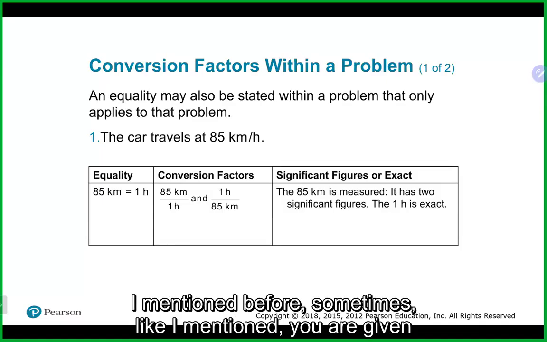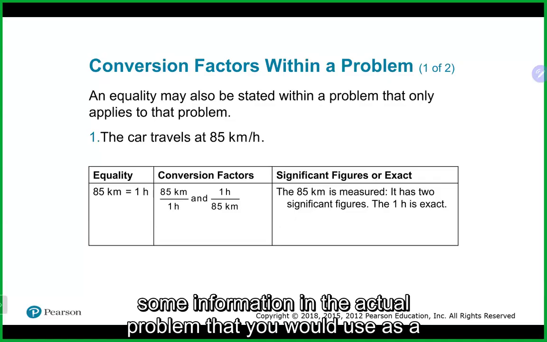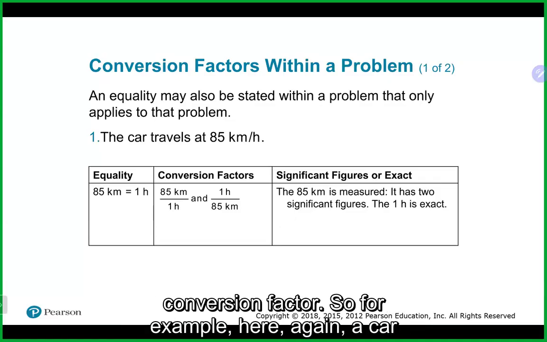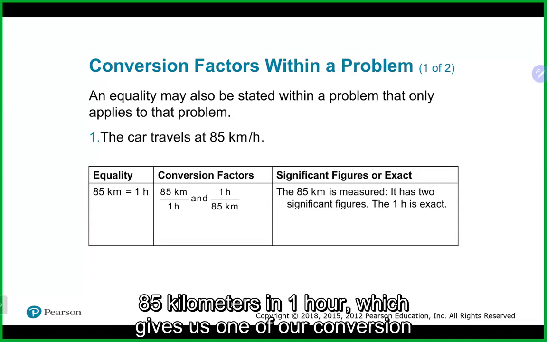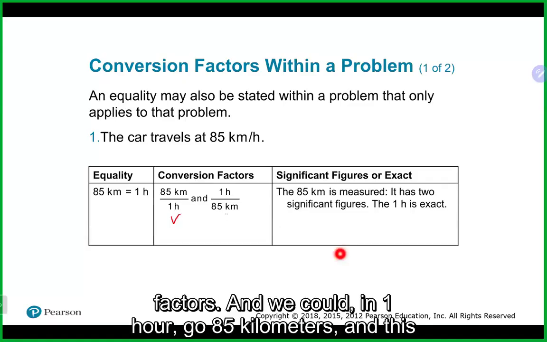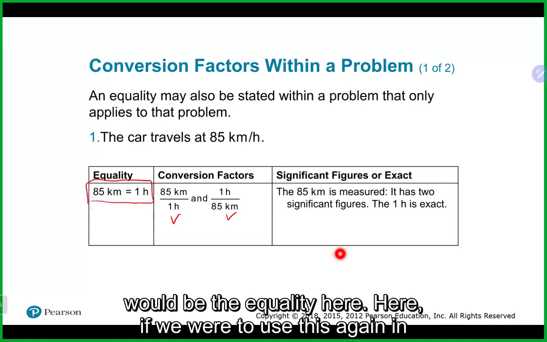Now, as I mentioned before, sometimes you are given some information in the actual problem that you would use as a conversion factor. So for example, here, again, a car traveling 85 kilometers per hour. What that means is you go 85 kilometers in 1 hour, which gives us one of our conversion factors. In 1 hour we could go 85 kilometers, and this would be the equality here.